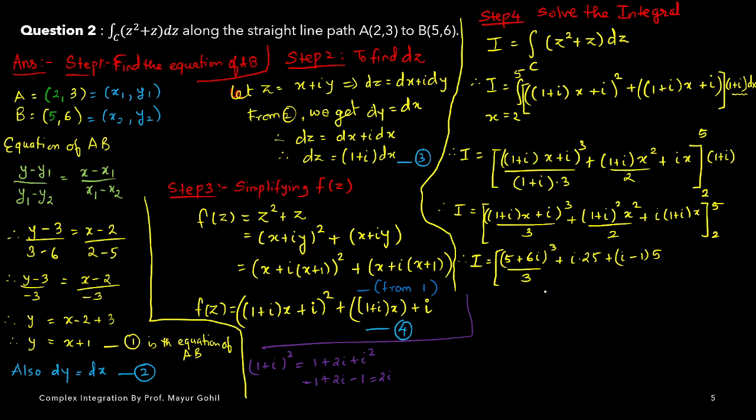So the lower limit is minus of, yeah, 2 plus 2I plus I, so that is going to be 2 plus 3I the whole cube by 3, plus 1 plus I the whole square, which has become 2I already, so that is 2I divided by 2 is I, right?